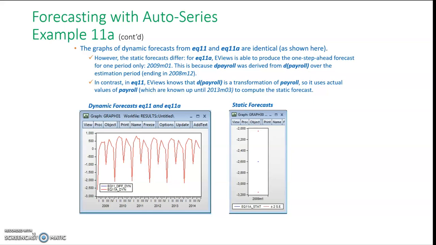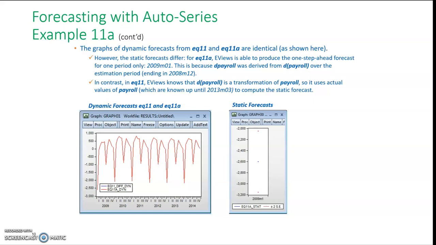Now, the graphs of the dynamic forecast from equation 11 and 11a that I have saved are identical as shown here. However, the static forecast differ because in equation 11a eViews is able to produce the one step ahead forecast for the one period only, that is 2009 month 1.